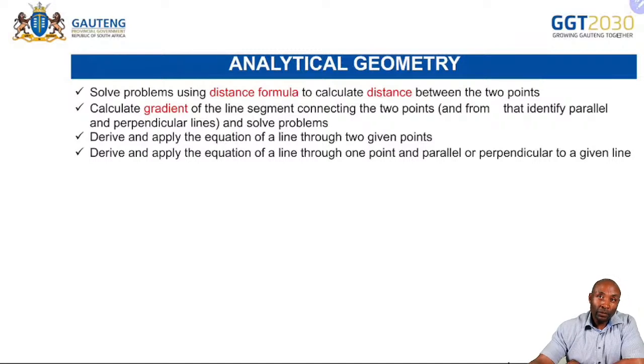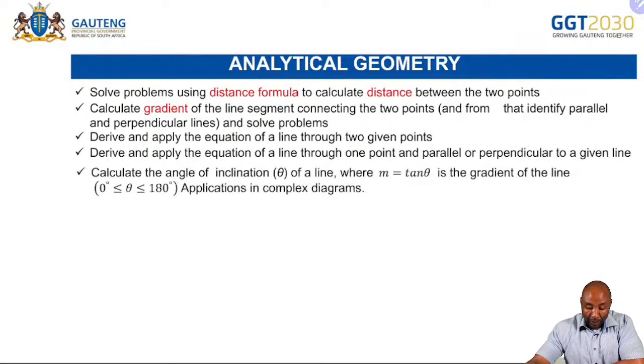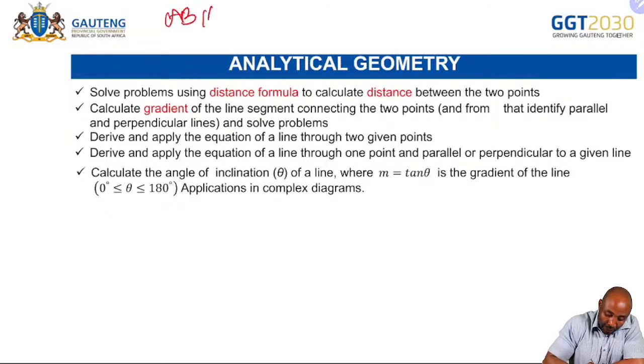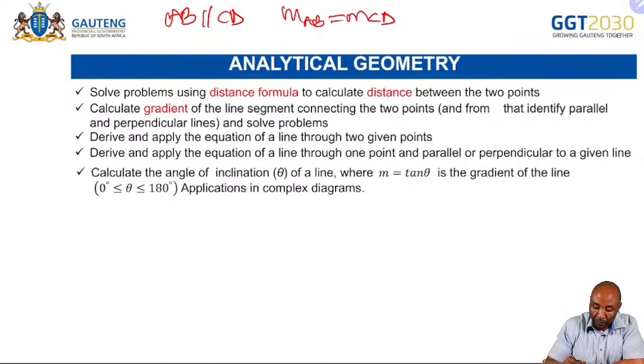So sometimes you might not be given 2 points, but you are just given the gradient of a line or a line parallel to it, and the coordinates of a point, you are able to get the equation of a line. Now, we know that parallel lines have equal gradients. So if AB is parallel to CD, then the gradient of AB must be equal to the gradient of CD.